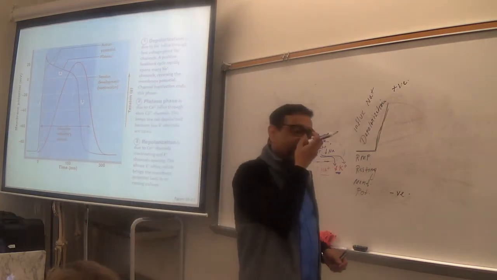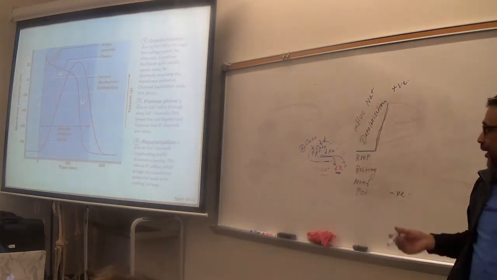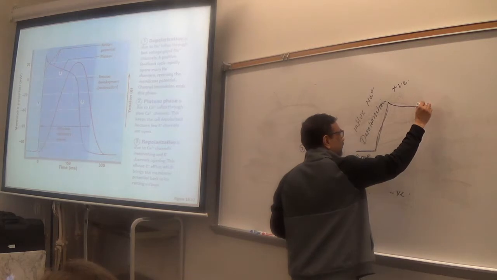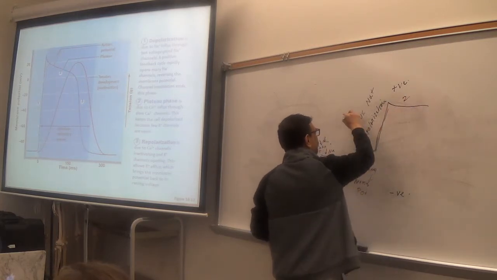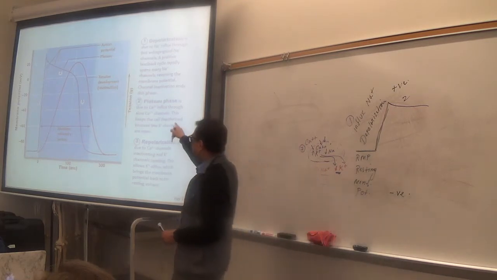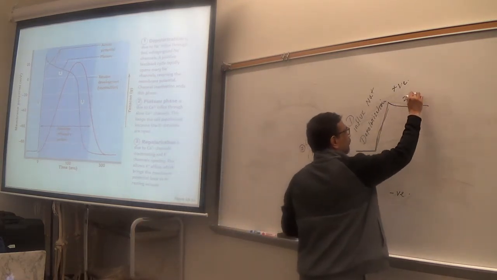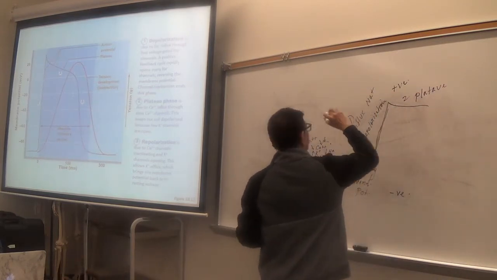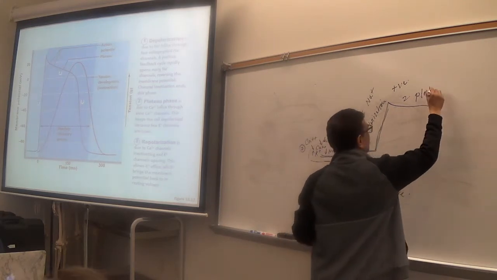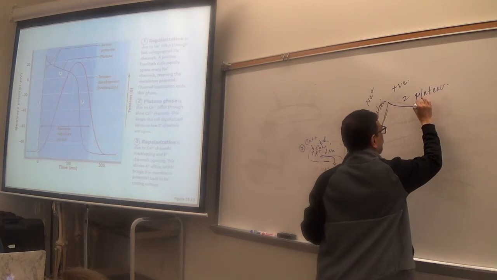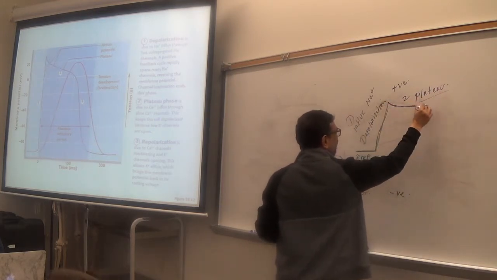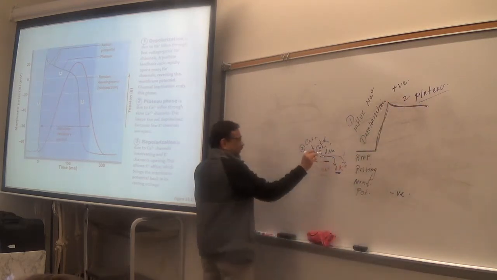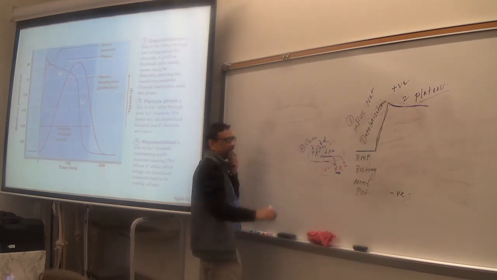And that's why in this second part, you see almost no change. This part is called plateau, where the membrane potential will remain the same, because of efflux of potassium and influx of calcium.